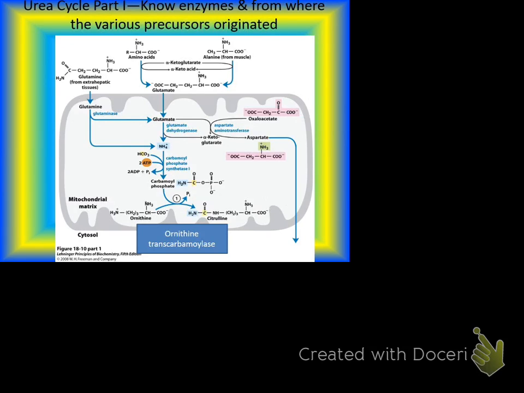Ornithine transcarbamoylase. But I would also accept ornithine carbamoyltransferase, because that is what it's doing. Like aminotransferases versus transaminase. So it tells you exactly what it's doing. It is transferring the carbamoyl group to ornithine, and the product is citrulline.